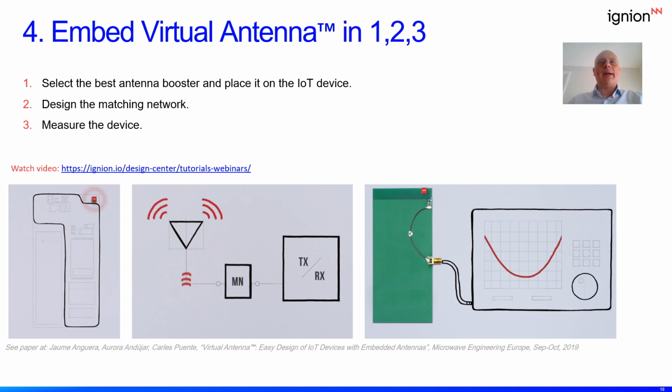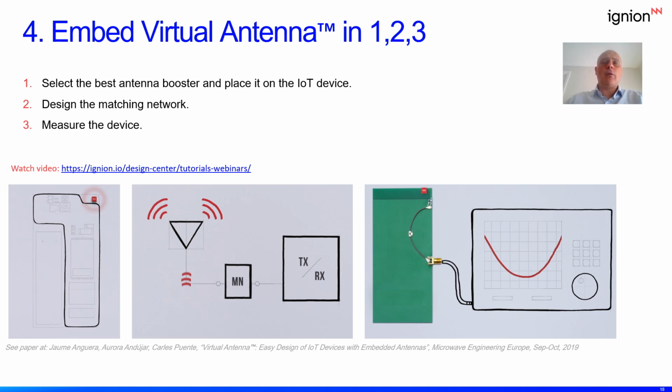Embedding virtual antenna in a wireless device is very simple. The first step is to select the antenna booster and place it close to the corner of the ground plane. Usually we should have a clearance area free of any metallic component. Second step is to design the matching network.